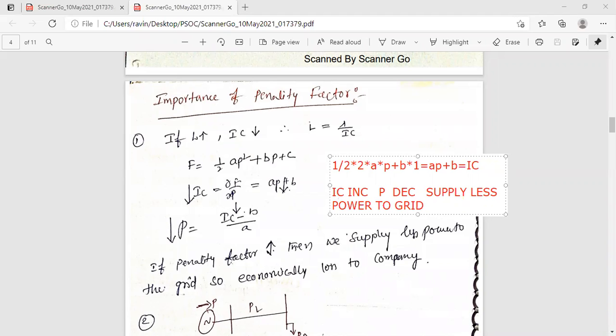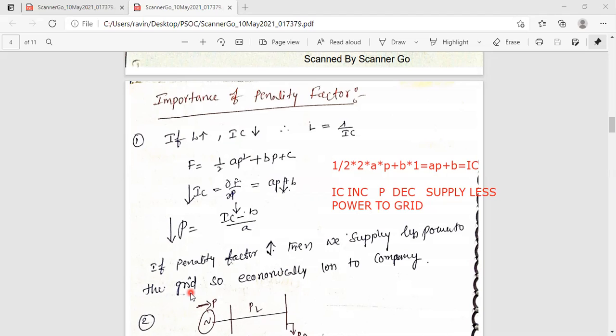So please try to understand this. If the incremental fuel cost penalty factor increases, power generation across the power plant decreases. Power generation across the power plant decreases means we are supplying less power to the grid. What is the duty of the grid?